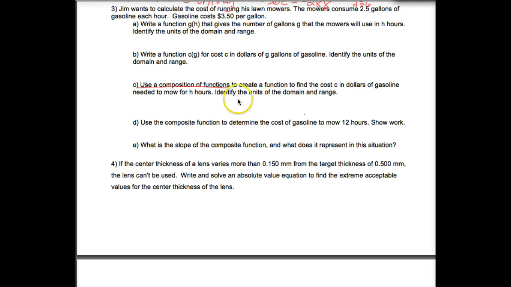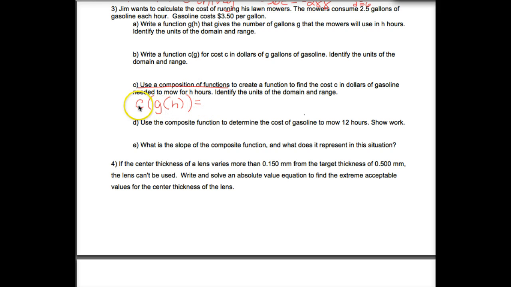But it tells you by what it's asking which composition to do. If you want to find cost C, that means C, which stands for cost, has to be on the outside. So you're going to do C of G of H, because again, this one is going to find C on the outside given hours, which is H in the middle.